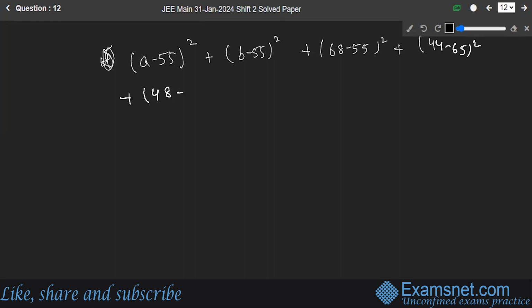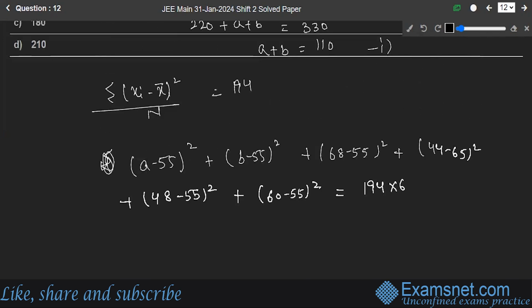Then you have 48 minus 55 square, 60 minus 55 square. This is equal to 194 into 6 because the n was equal to 6. Okay, so let's open this up.